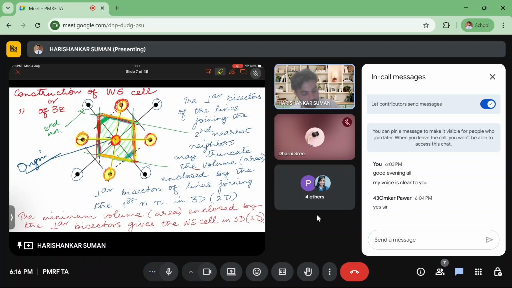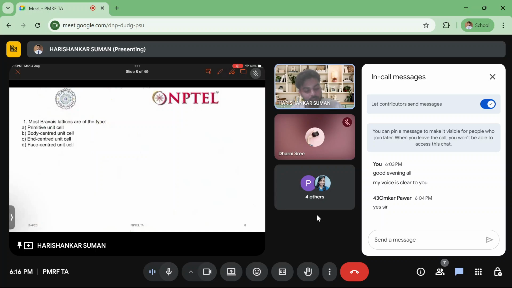I am drawing. Also we have to check for second neighbors, and draw also. So this is the smallest volume we get, and this is called the Wigner-Seitz lattice.